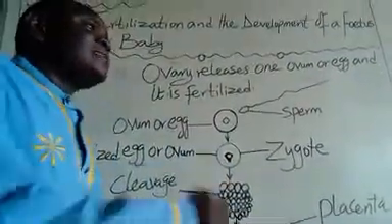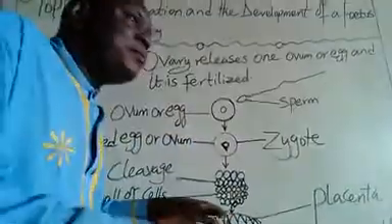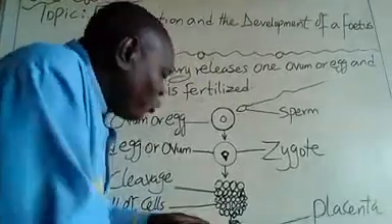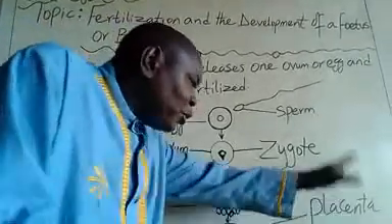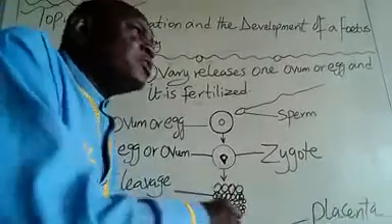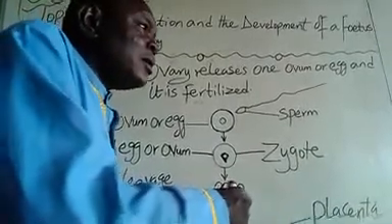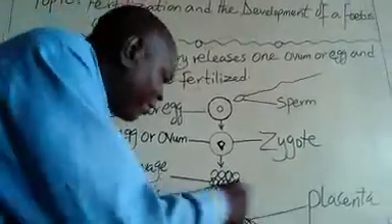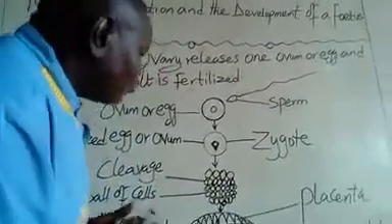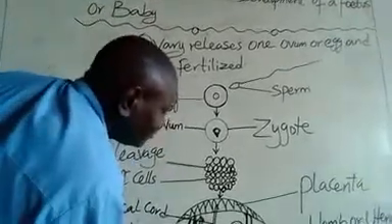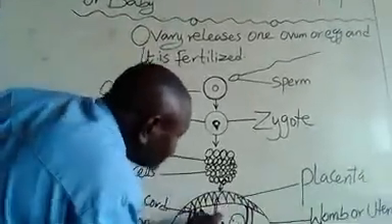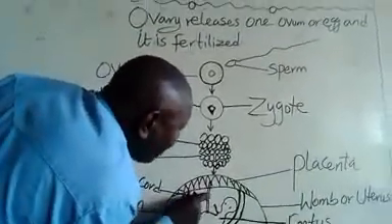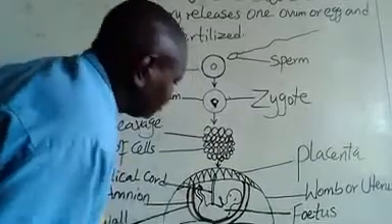Placenta has a link with the maternal blood. It has a connection with the bloodstream of the mother. Now, this baby obtains nutrients from the placenta via the umbilical cord.